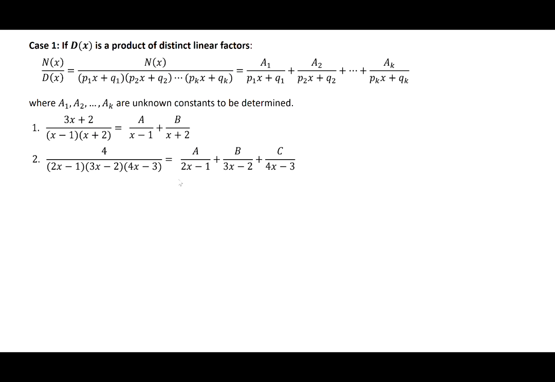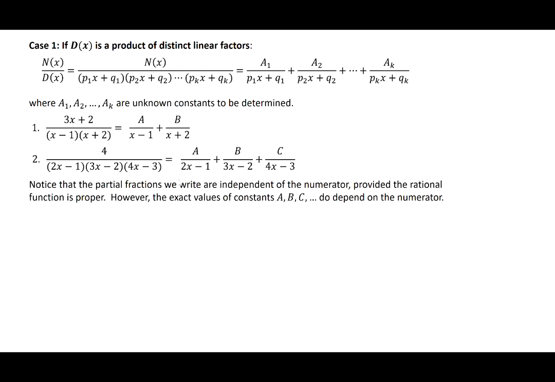That's what you write as partial fractions of this. Cool? Beginning to get a hang of this? Notice that the partial fractions we write are independent of the numerator. That's also provided the rational function is proper. So, that's something I needed to point out.